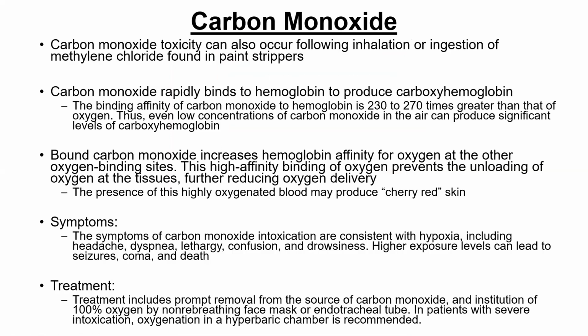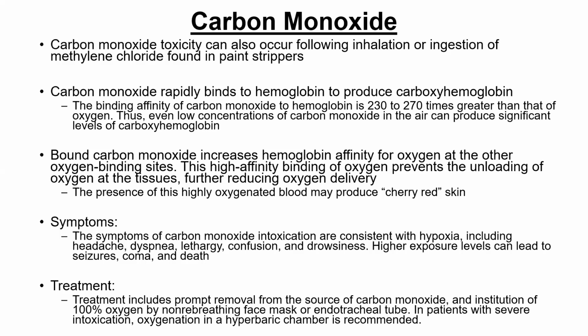Carbon monoxide toxicity can happen through the inhalation and ingestion of methylene chloride found in paint strippers. I don't know, I've never used that. Carbon monoxide rapidly binds to hemoglobin to produce carboxyhemoglobin. And that's where it talks about the binding affinity of carbon monoxide, which is very high for hemoglobin compared to oxygen, almost 230 to 270 times.